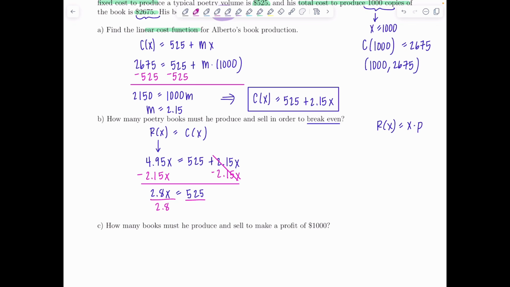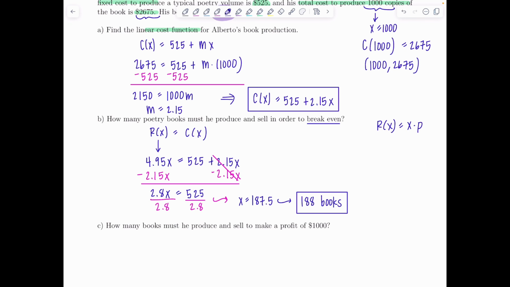Divide by 2.8. And we get X equals 187.5. That's not going to work. So you can't produce and sell a half a book. So we'll just round this up to 188 books. And he won't perfectly break even at this point, but that's as good as we can do.